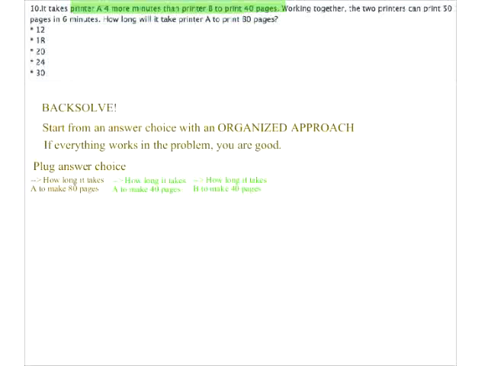We want this to be 50 pages in 6 minutes. So how many pages for A in 6 minutes, and how many pages for B in 6 minutes? Let's do this.